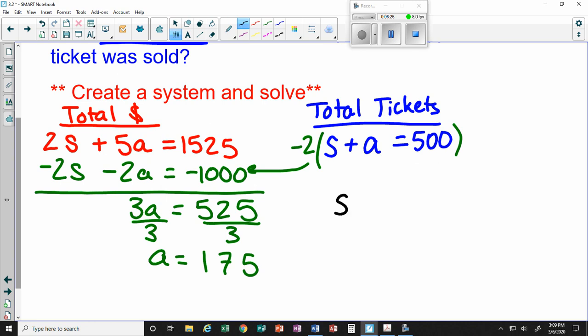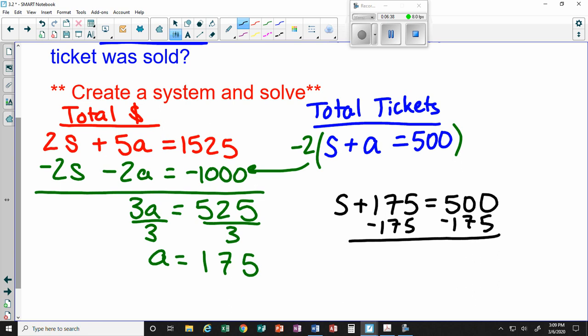So the student plus the adults have to add up to 500. So take the 175 away from the 500 to find out how many student tickets. So there's 325 student tickets sold and 175 adult tickets sold.